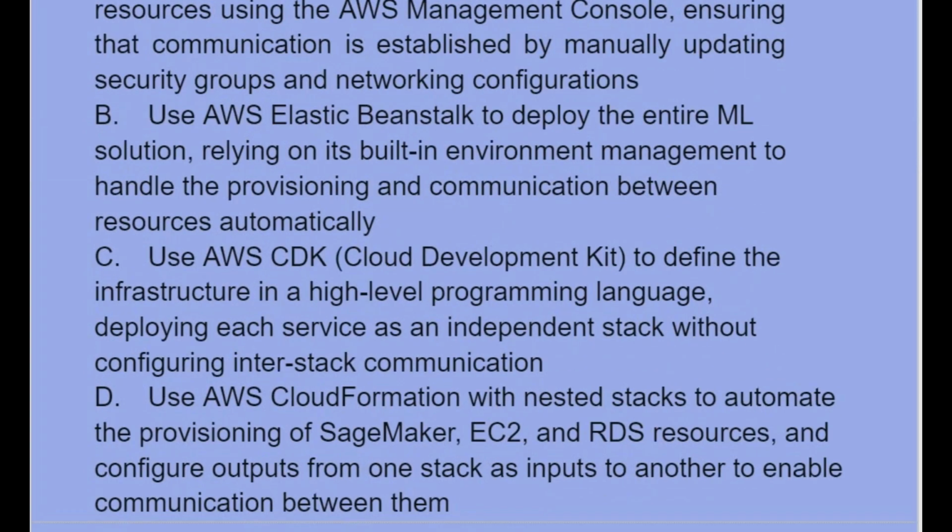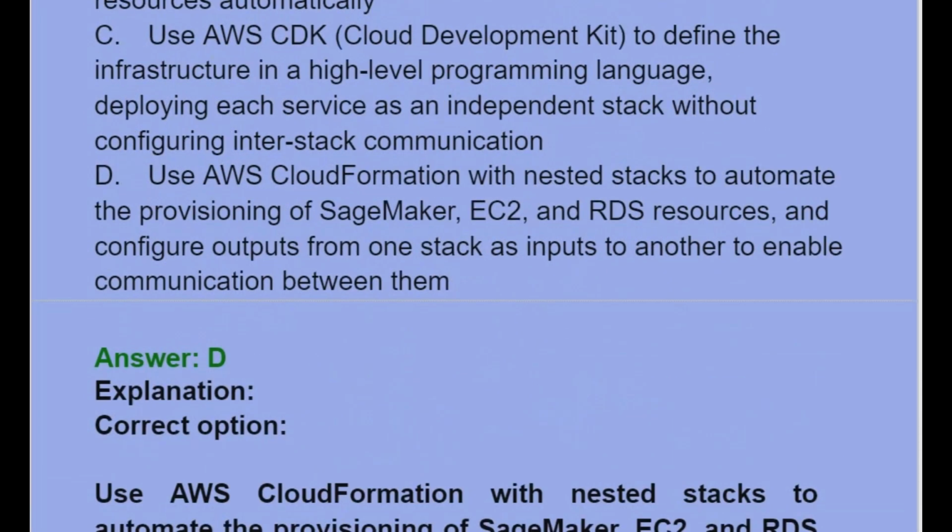Option C, use AWS CDK, that is Cloud Development Kit, to define the infrastructure in a high-level programming language, deploying each service as an independent stack without configuring inter-stack communication. Option D, use AWS CloudFormation with nested stacks to automate the provisioning of SageMaker, EC2, and RDS resources, and configure outputs from one stack as inputs to another to enable communication between them. Correct answer is option D.